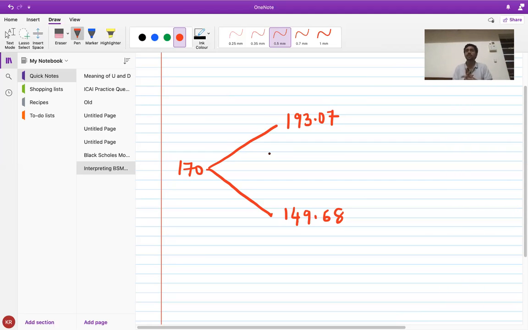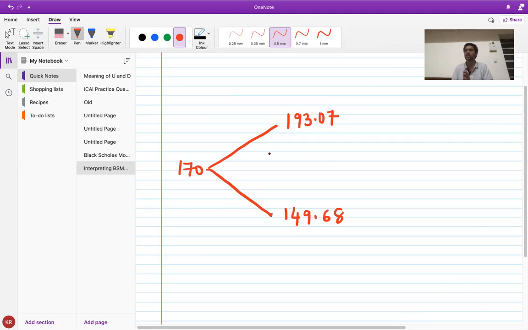But the big difference is that when you buy a call option, the premium that you pay is very, very less, whereas the cash outflow when you actually buy a share is the whole share price. The key difference between buying a call and buying a share is that your cash outflow in buying a call option as a holder is going to be just the premium amount, which is just a percentage of the share price, about 10% or something of that sort.